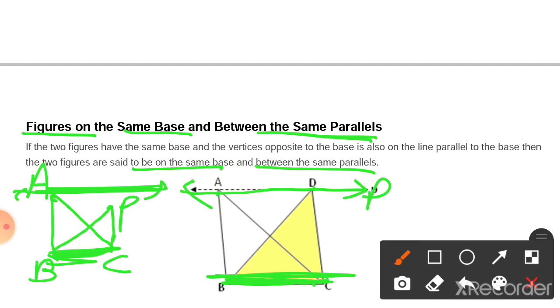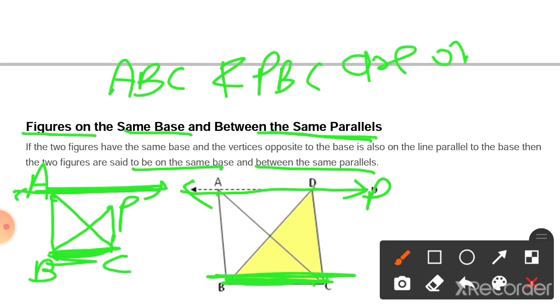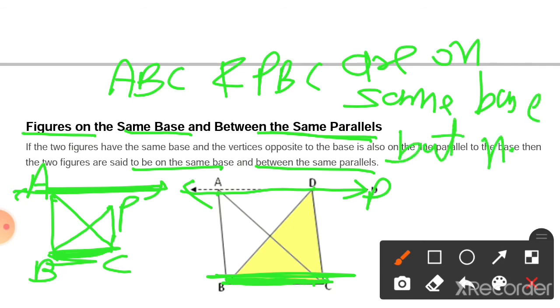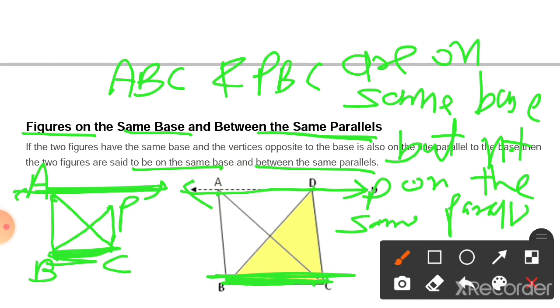So we can say that ABC and PBC are on the same base, but not between the same parallels. Okay students, understood? Okay, good.